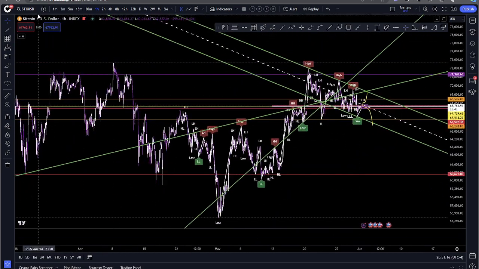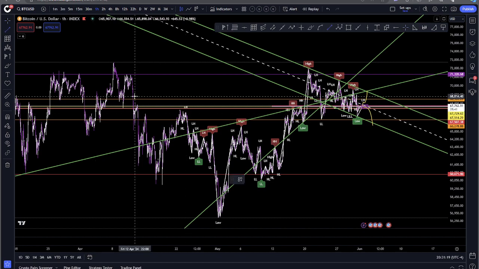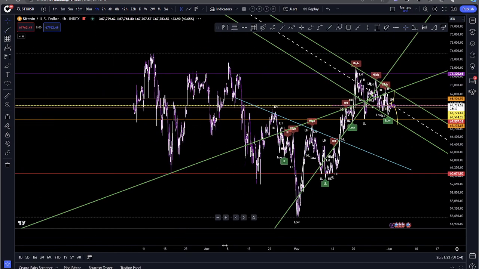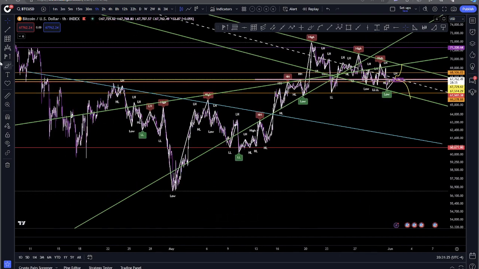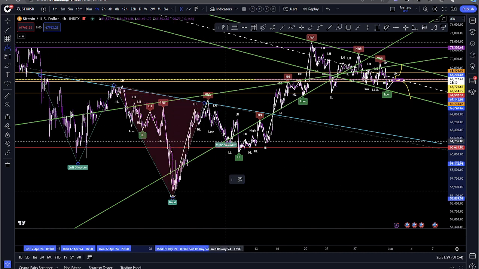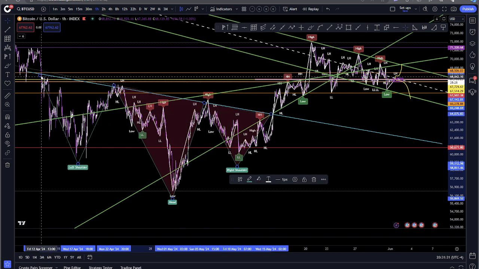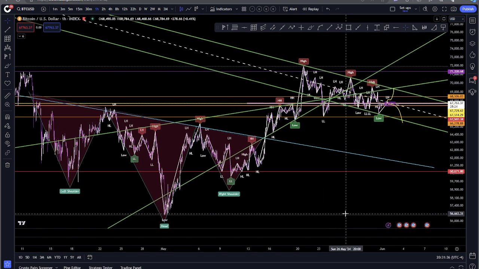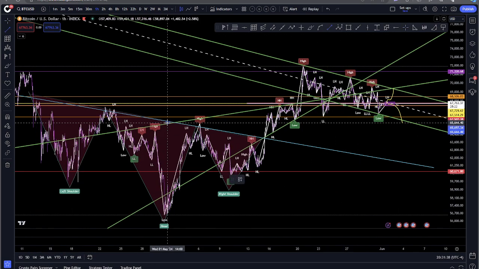This is flags. I didn't mark this, but I thought this was a Head and Shoulders earlier. Sometimes it's good to see the previous contraction phase too, because if this is a Head and Shoulders, how did we get the measured move, right?